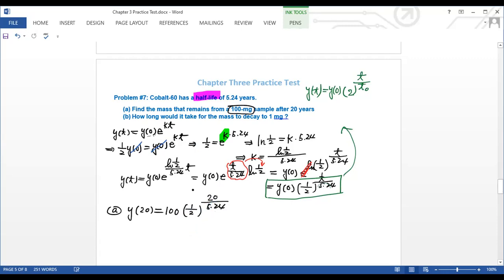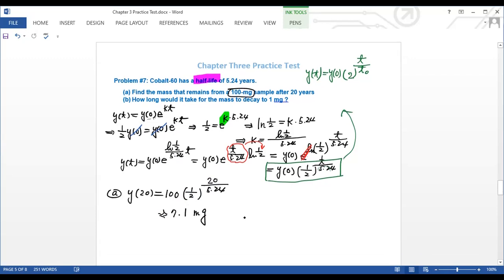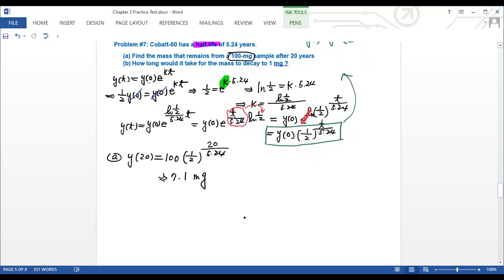Put it into your calculator and you will get an answer very close to 7.1 milligrams. So after 20 years, the initial 100 milligram sample will have 7.1 milligrams.